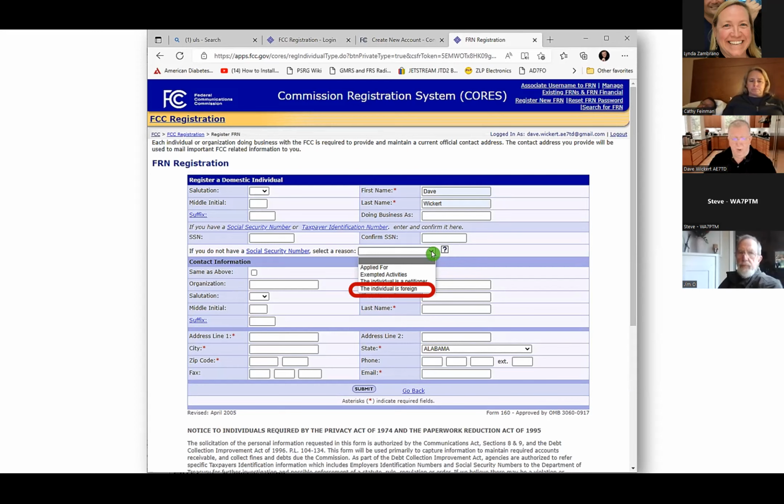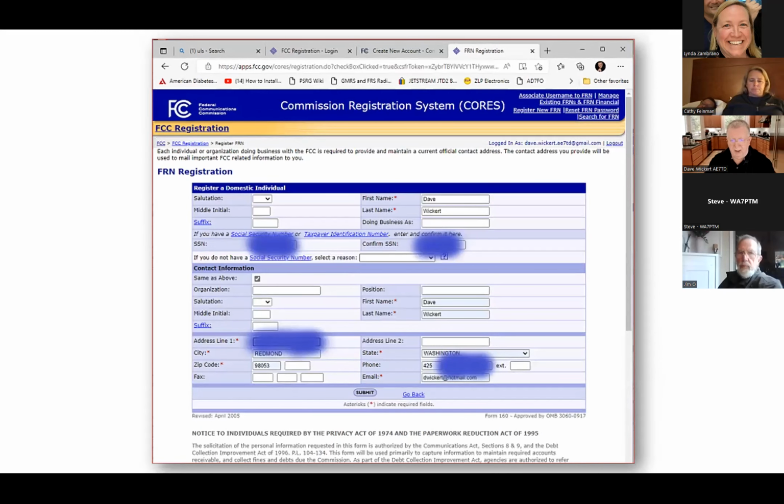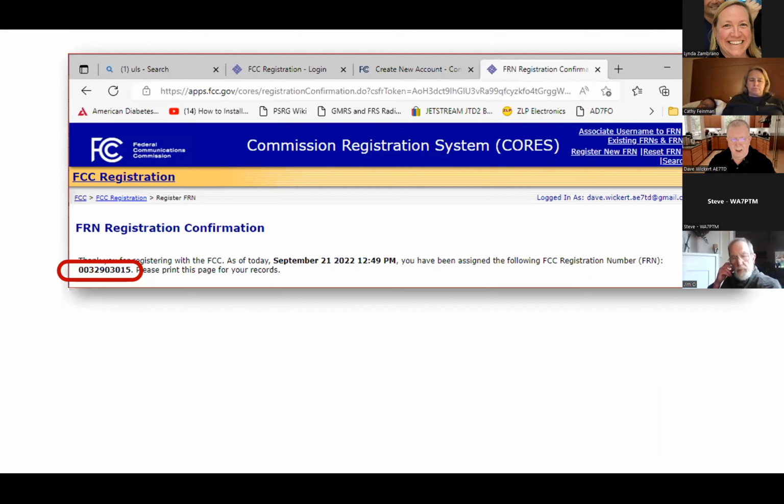So you fill all of this information out, and then you hit submit at the bottom. I blanked out my Social Security number and addresses and things like that.